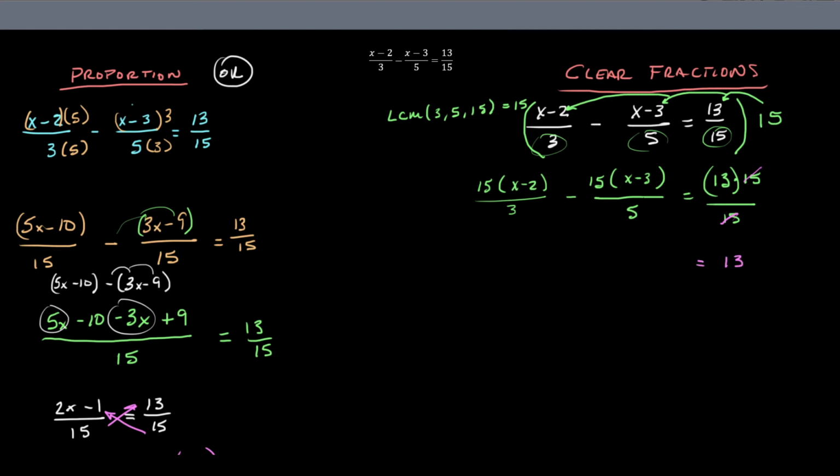Over here, the 15 and the 5 have 5 as a like factor, leaving me with 3 on top. That's the part I'm going to distribute through along with the negative. So this is going to give me negative 3x plus 9. Then the 15 divided by the 3 is going to give me a 5 up top, and that cancels the 3 on the bottom. And if I distribute that 5 through, I get 5x minus 10.